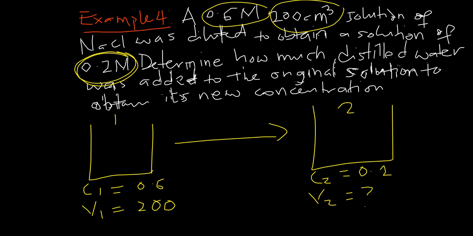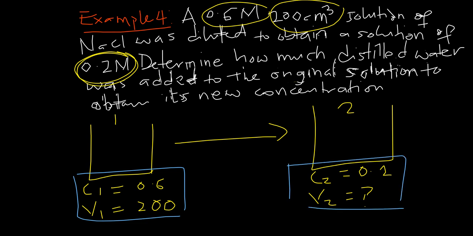So let's put down these parameters, and once we put them down, we'll be using them to look for the new volume. So let's do that quickly. C1, V1, C2, V2. C1 is 0.6 molar. V1 is 200 cm3.